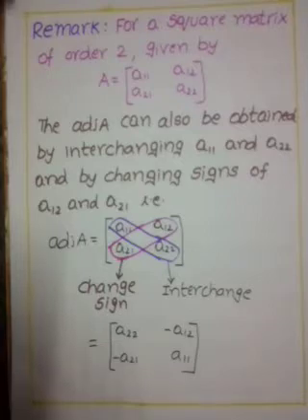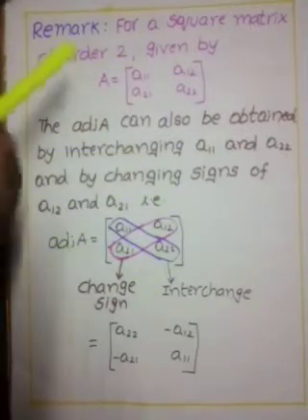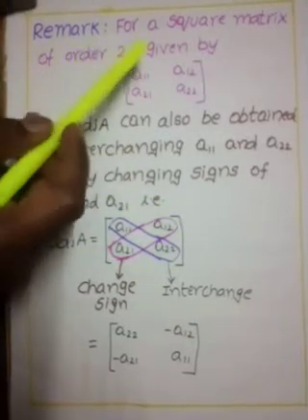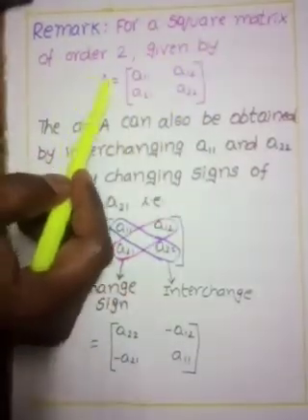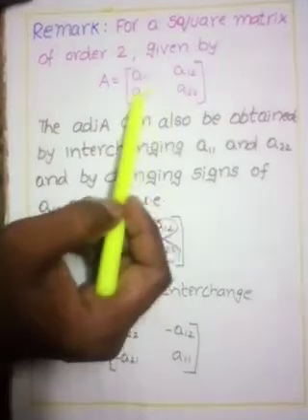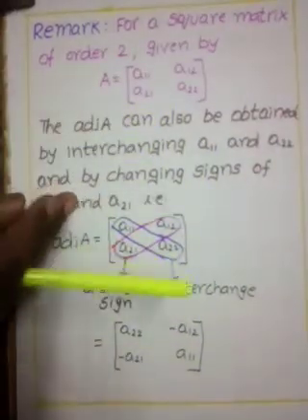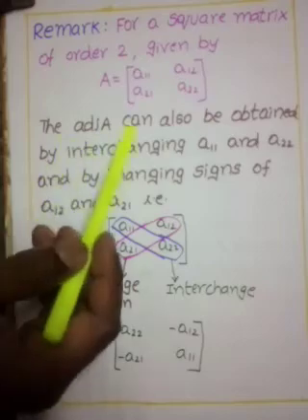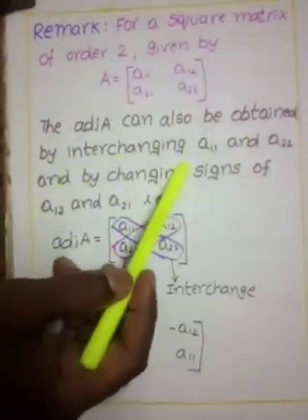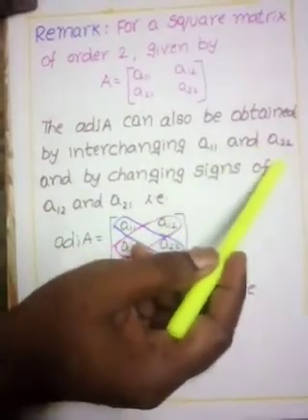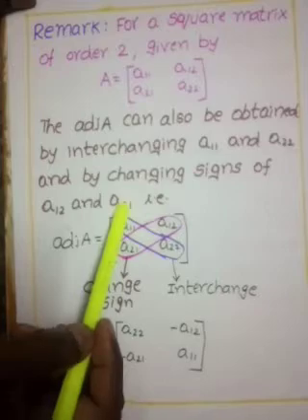Now, remark. Again we discuss the same point here. Remember this point. For a square matrix of order 2 given by A = matrix a11, a12, a21, a22, this is a shortcut form. The adjoint A can also be obtained by interchanging a11 and a22 and by changing signs of a12 and a21.